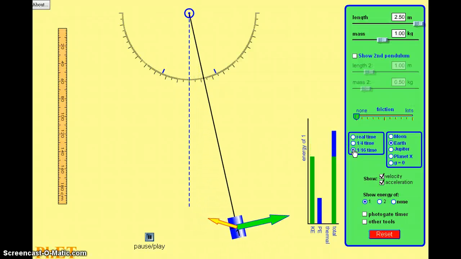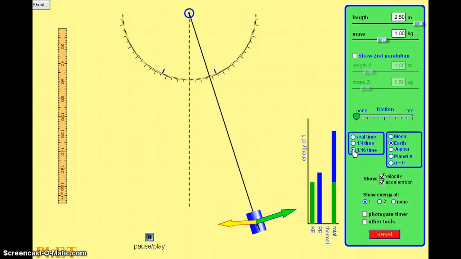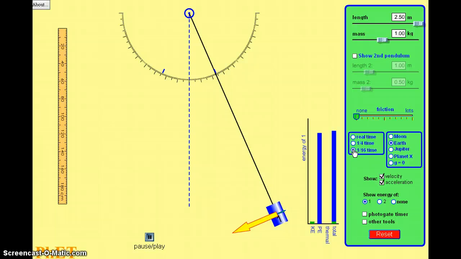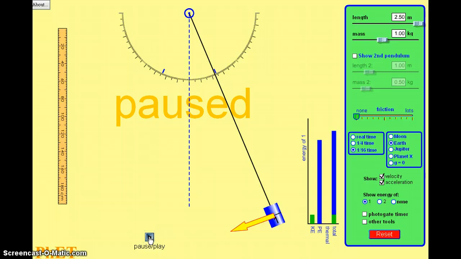And although we can't take values or measurements from these graphs at the moment, you can see that we can pause the whole scenario, and you can start to look at relationships and look at the size of arrows and start to look at what's happening between the potential energy and kinetic energy and the velocity and acceleration. You can also increase the friction on the pendulum and start to look at how friction affects pendulums, being another reusable factor.